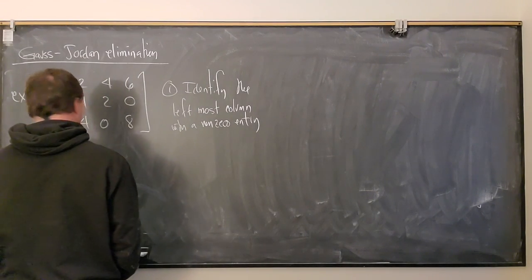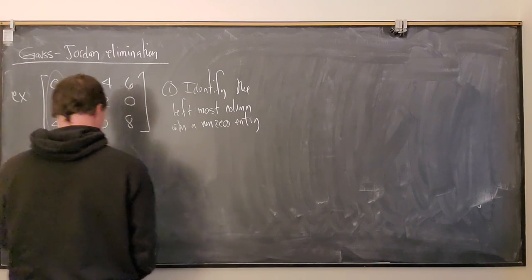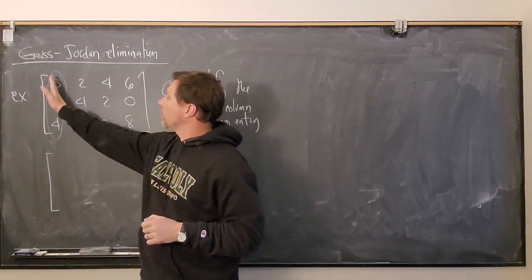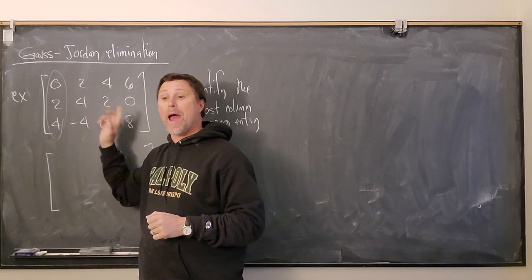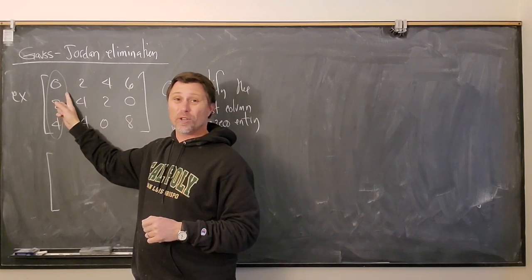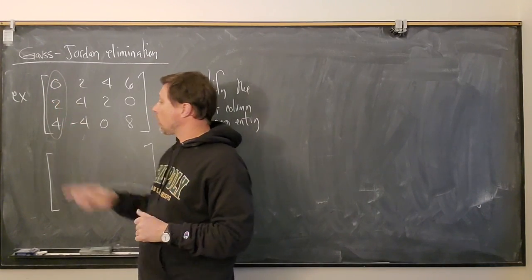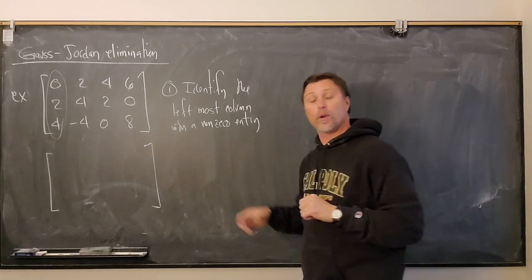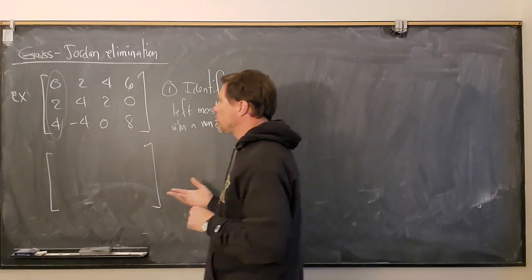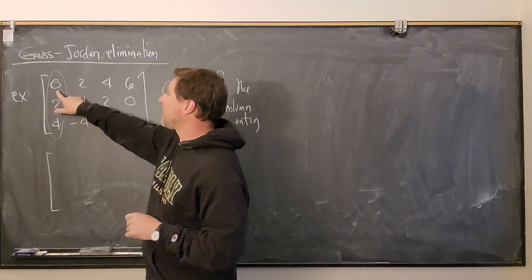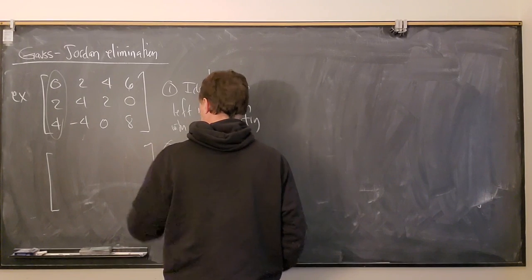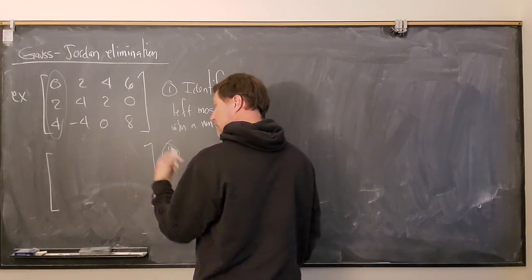Now, our next step. I've got a non-zero entry in my first column, but I would like a non-zero entry in the very top. In this case, I've got a 0 in the top. Remember, one of our elementary row operations is that you can interchange any two rows. So I'm going to interchange rows 1 and 2 so that I get a non-zero entry in the top. This one may or may not be necessary. In our case, it is.